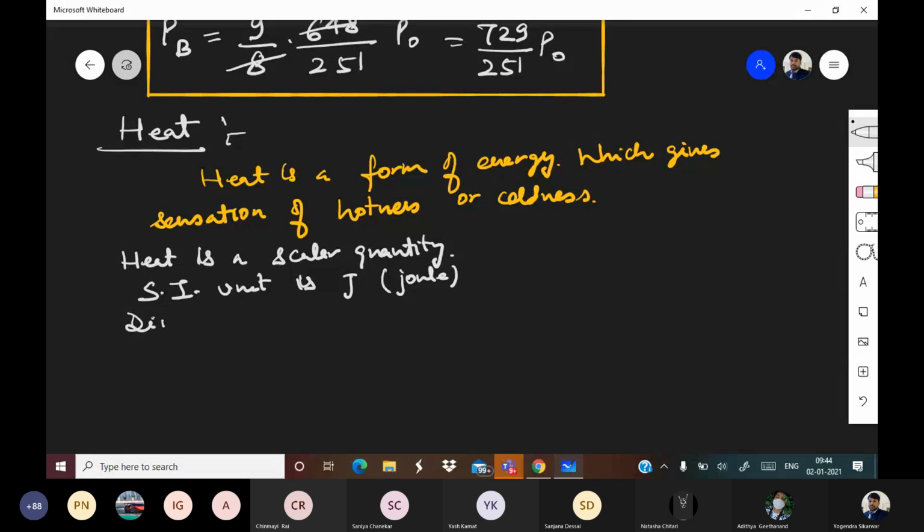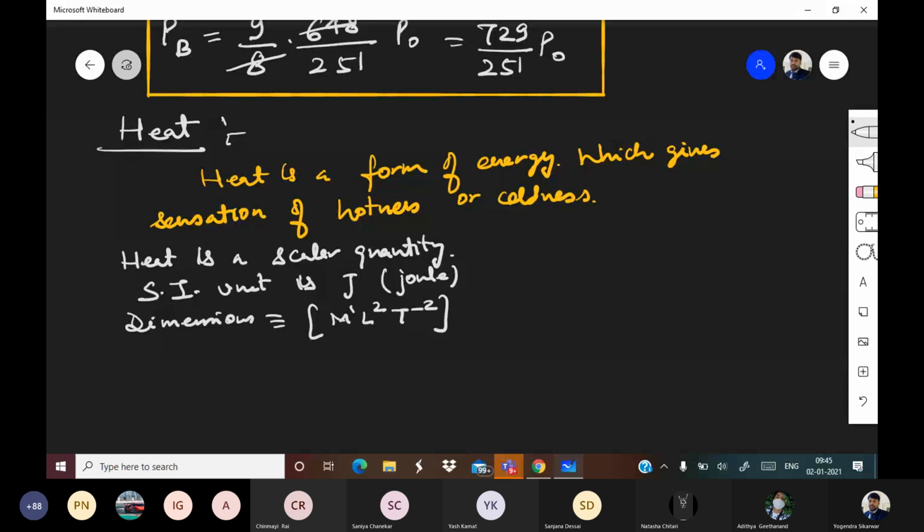Dimensions will be M1, L2, T minus 2. Okay.